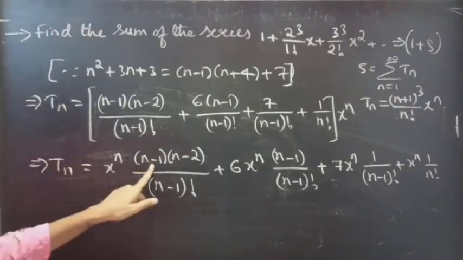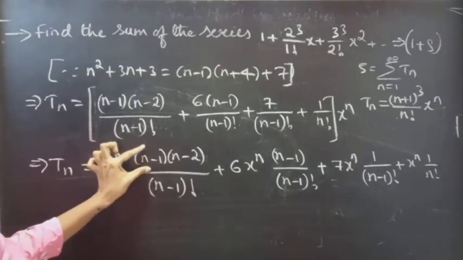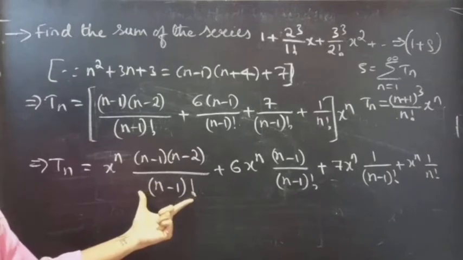Since we have n-1 in the numerator, in order to cancel n-1 from the numerator, we'll change the denominator.